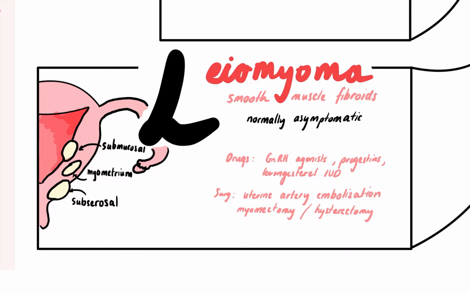If they are symptomatic, they'll usually manifest with an abnormally enlarged uterus and maybe chronic pelvic pain. They can be treated by drugs and surgeries, such as uterine artery embolization, myomectomies, and hysterectomies. Again, I'll go through these treatments later.